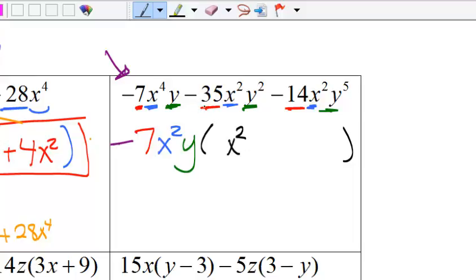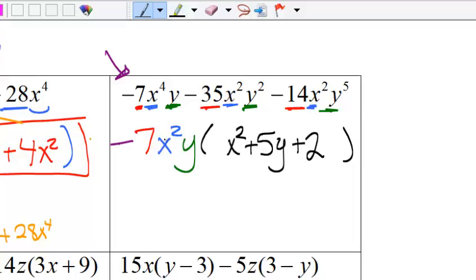Okay, next term. Negative 35 divided by negative 7. Negative divided by negative is a positive. 35 divided by 7 is 5. X squared divided by x squared is 1. I don't need to write it because I already have the 5 there. Y squared divided by y is just y. Next term, negative 14 divided by negative 7 is positive 2.